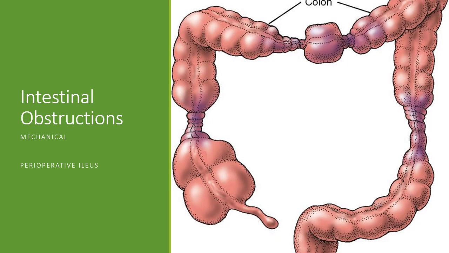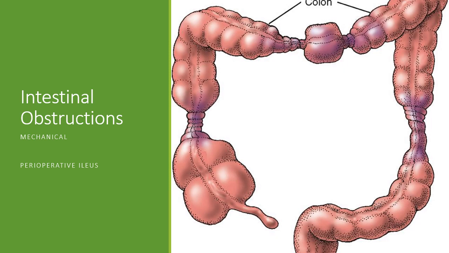Obstipation is the word for no passage of stool, versus constipation, which is having a difficult time moving your stool, and hard, dry stool. Obstipation is the inability to pass stool. Severe fluid and electrolyte imbalances are common with small bowel obstructions because there's such persistent vomiting. And remember that you lose potassium and you lose hydrochloric acid when you're vomiting.